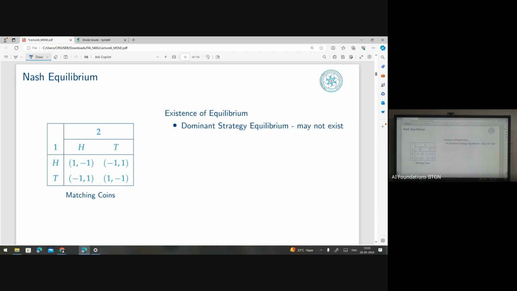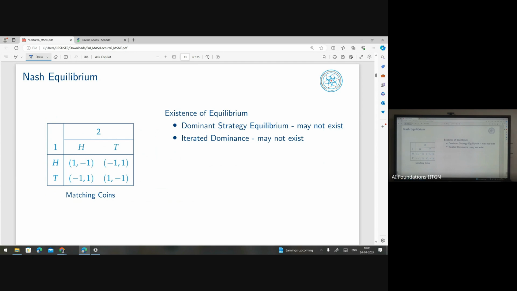So today the topic is existence of equilibrium; dominant strategy equilibrium may not exist. Is there any possibility of iterated dominance here? Is there any strategy that is dominated? Whenever we talk about iterated dominance, we have to look for strategies that are dominated for any of the players, and then you keep doing that till you reach one reduced matrix where you can then look for it. That also is not possible in matching coins.